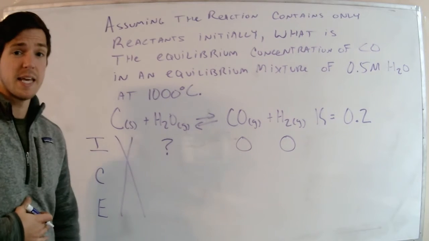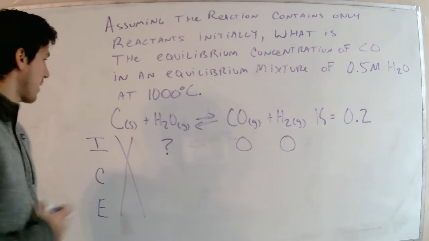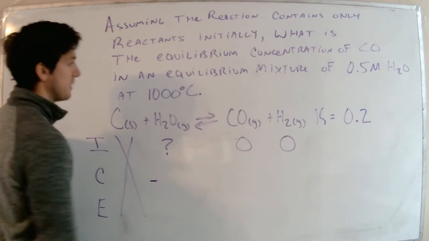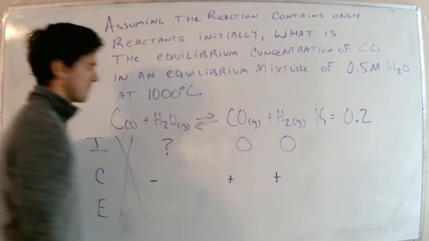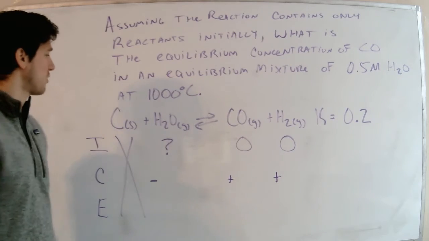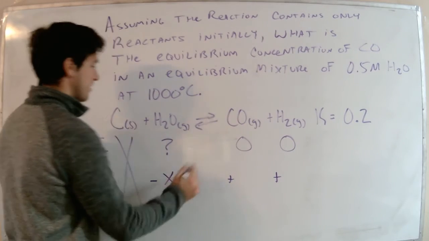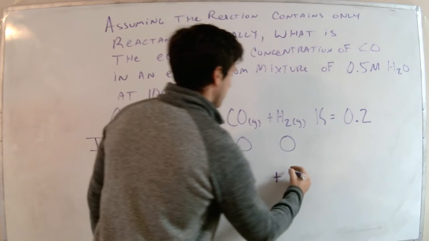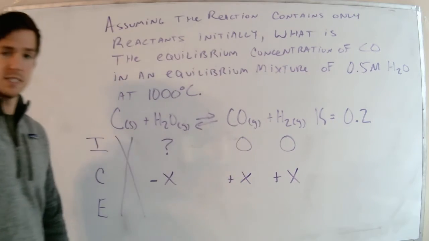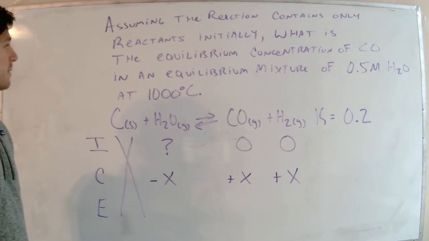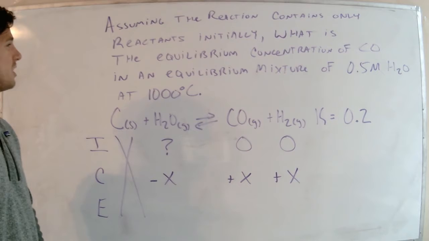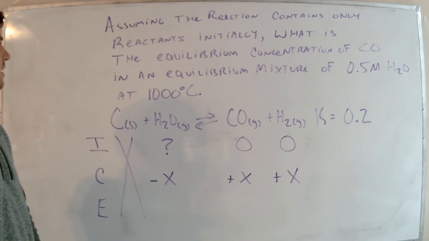Let's go ahead and put our change. We know that the reactant side will be negative and the product side will be positive. They all have a coefficient of 1, so this is just going to be negative x, this will be positive x, and this will be positive x. And then I'm going to plug in any equilibrium concentrations I have. Well, it says the equilibrium concentration of CO in an equilibrium mixture of 0.5 molar H2O.